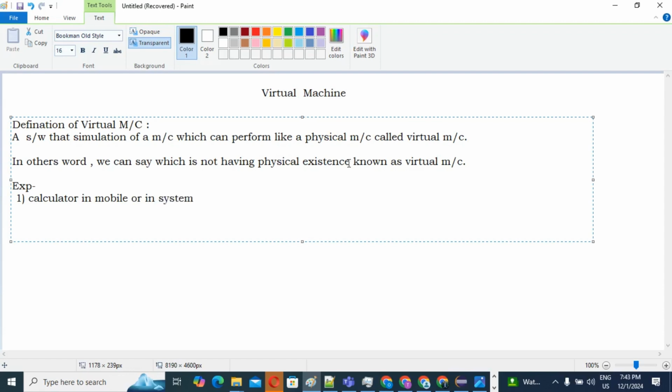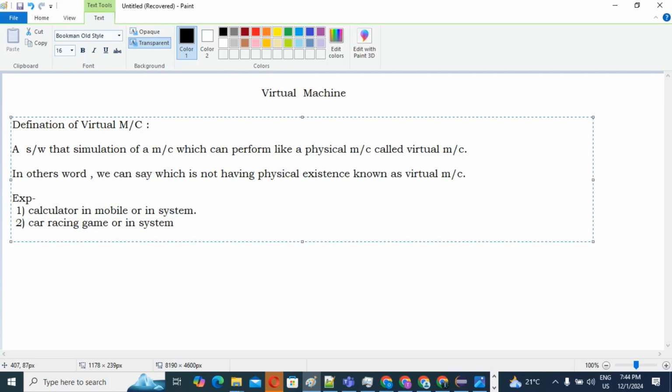Second example: a car racing game, or in system. This is a perfect example of our virtual machine. I hope you understood these two things. If anybody asks what this thing is, you will come to know very easily. So what is the exact definition of virtual machine?